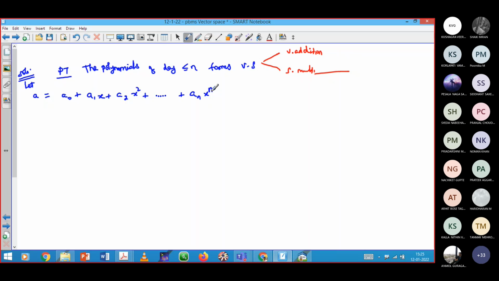It should not exceed that because it is restricted up to n. Next, B equal to b0 plus b1x plus b2x squared plus up to bnxn. To prove vector addition in the distributive case, definitely three terms are required in the set, so I can choose another polynomial also so that it can be easy.